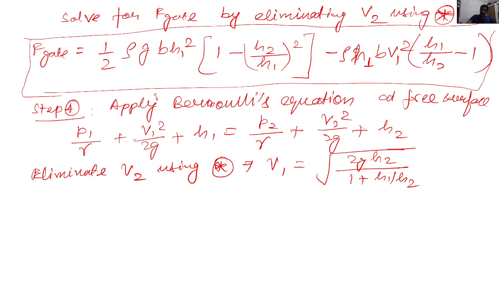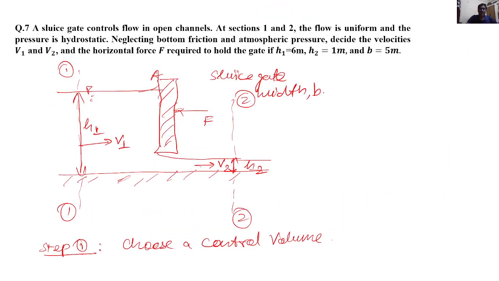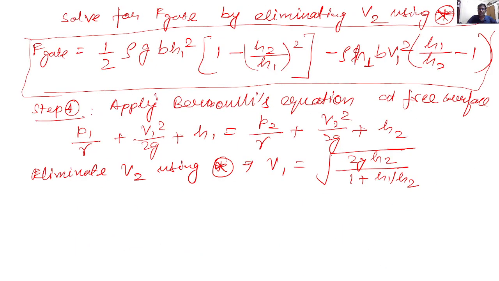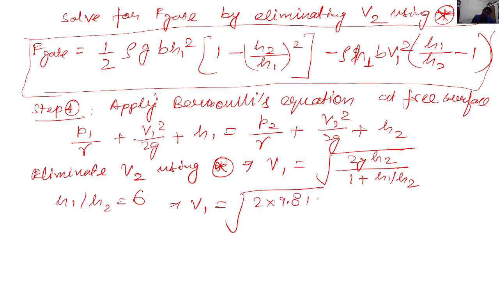H1 by H2 in the question was given as 6 meter by 1 meter, so H1 by H2 is equal to 6. So this implies V1 can be found as the square root of 2 times 9.81 by (1 plus 6), that would be 1.674 meter per second.